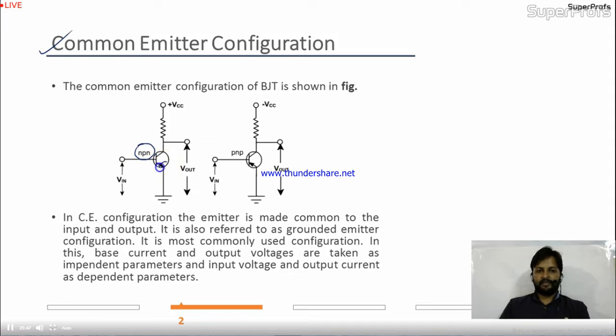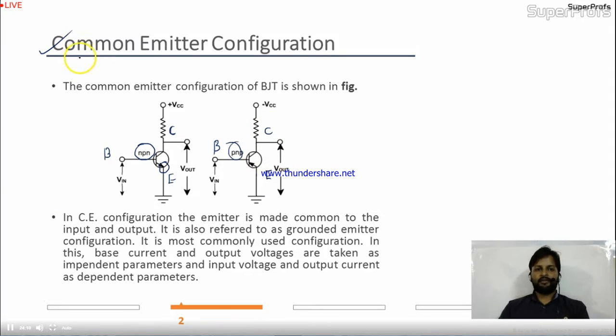Why? Because this arrow is coming out. This is the PNP transistor because this arrow is coming in. This part of the transistor I'll call the collector, this part I'll call emitter, and this part is base. Similarly, the same thing is over here also. This is B, collector and emitter.